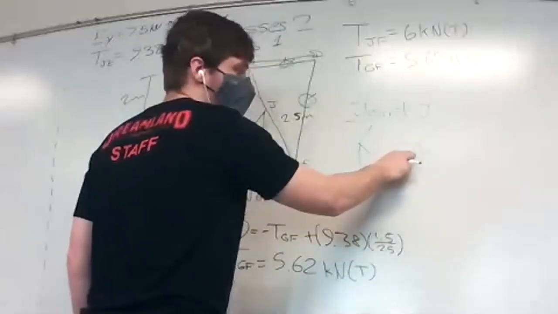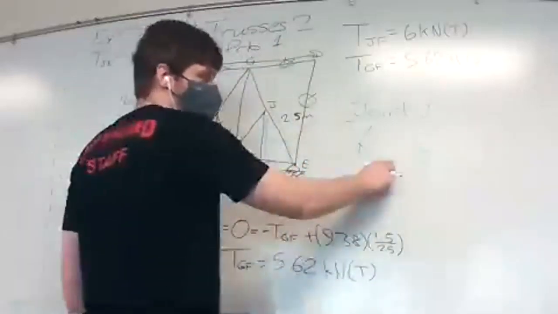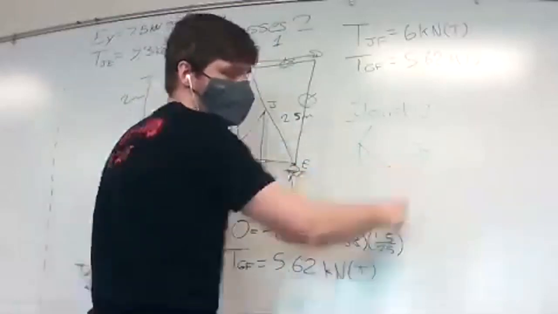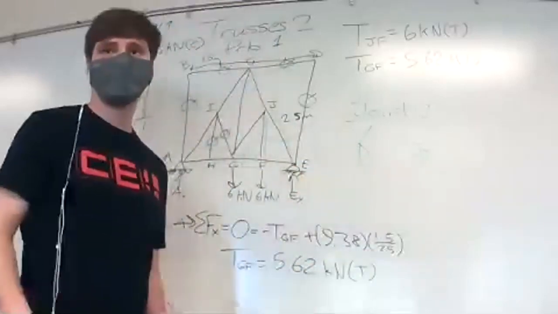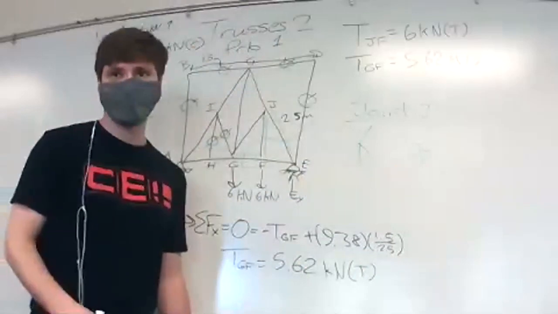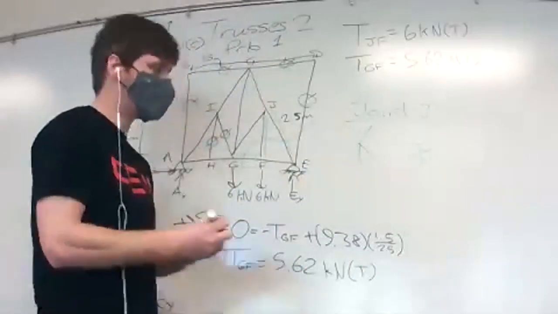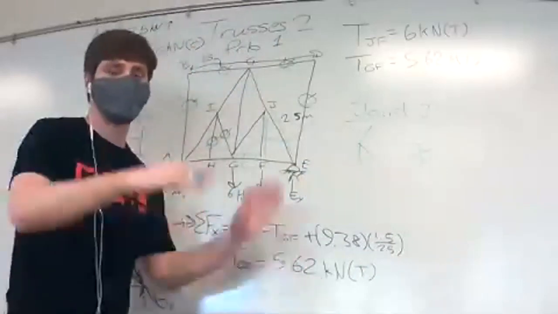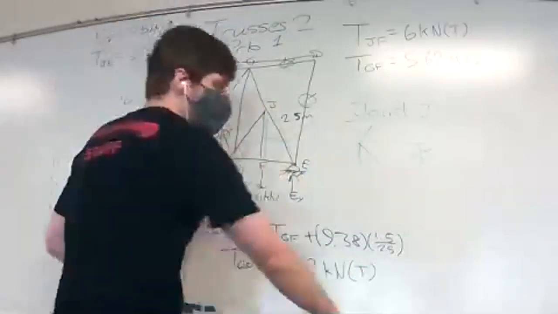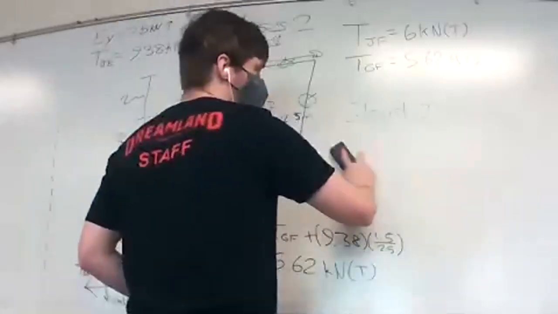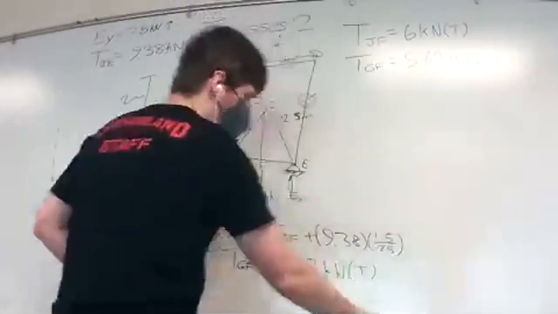We know one of them is 0, so we can just get rid of that. And if the one we got rid of is 0, the only one left must also be 0. There's no forces applying in our quote unquote Y direction when you turn the shape. That's how the zero force member works.